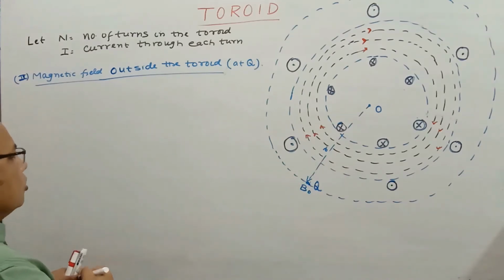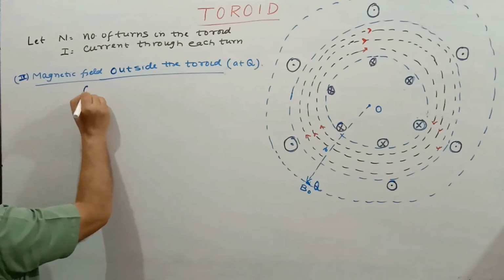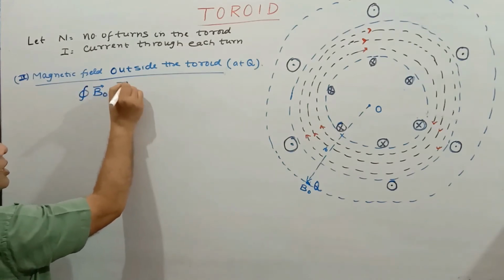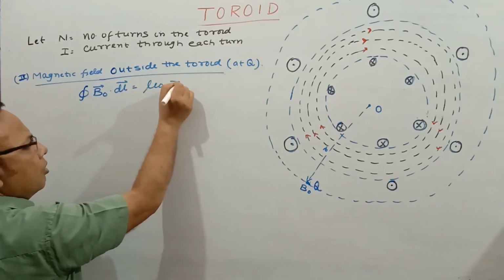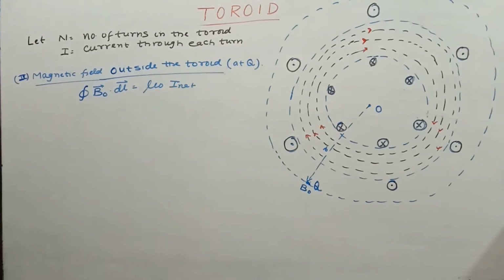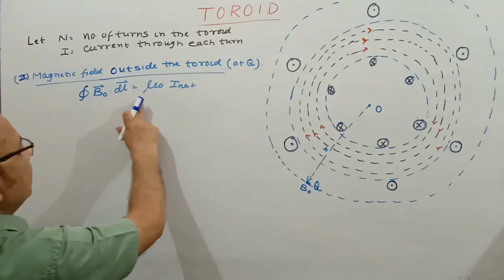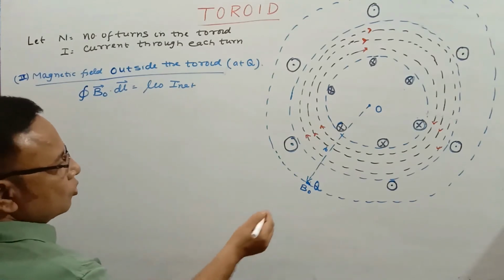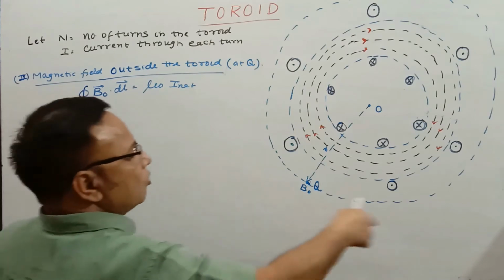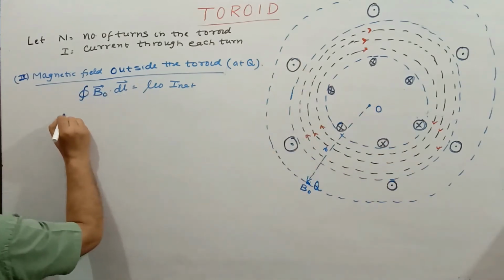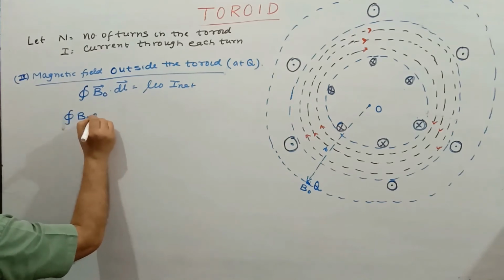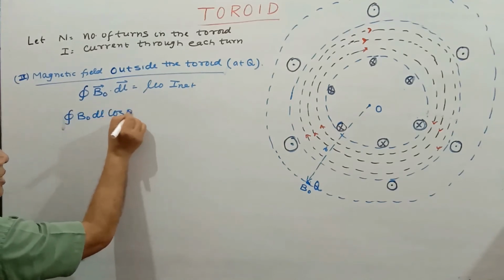So here outside it is once again integral B0 dot dl equal to mu naught times I net. This is the formula: integral B dot dl equal to mu naught I net. Here also B dot dl for the whole loop is integral B0 dl cos of the angle theta.